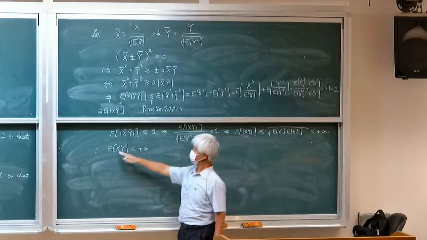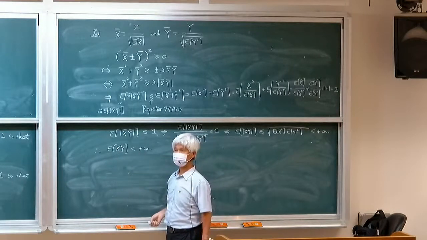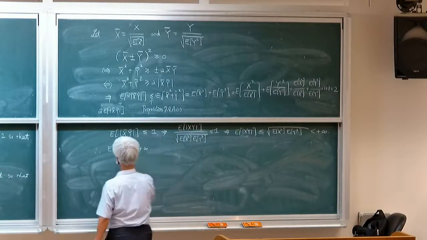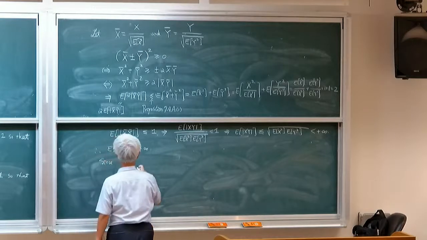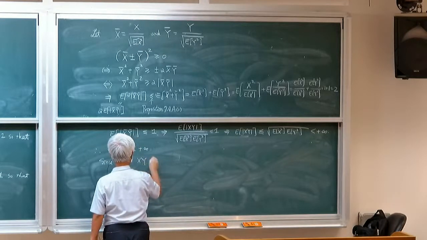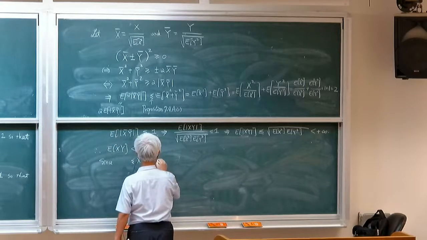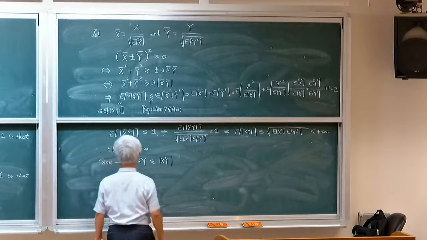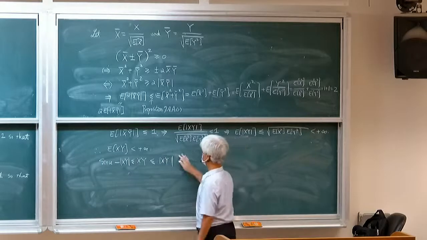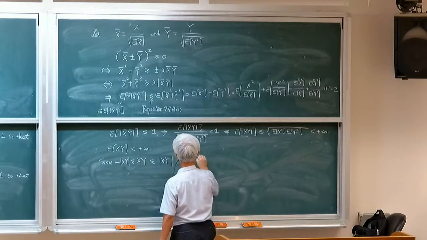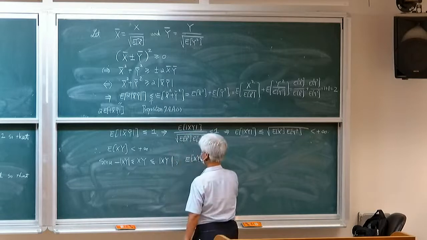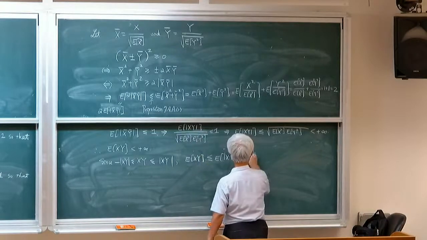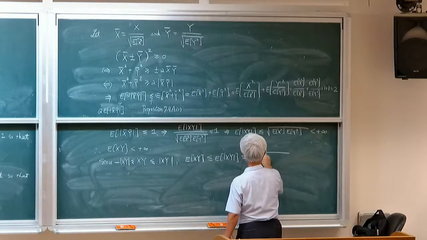And since xy is less than or equal to the absolute value of xy, and minus the absolute value of xy is less than or equal to xy, the expectation of xy is less than or equal to the expectation of the absolute value of xy, and this is less than or equal to the expectation of.